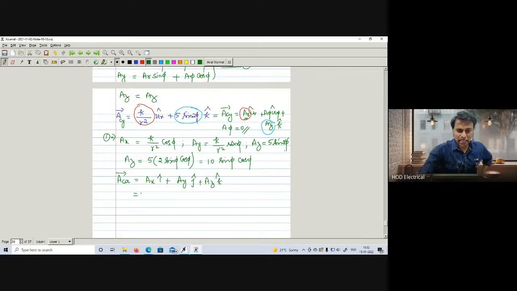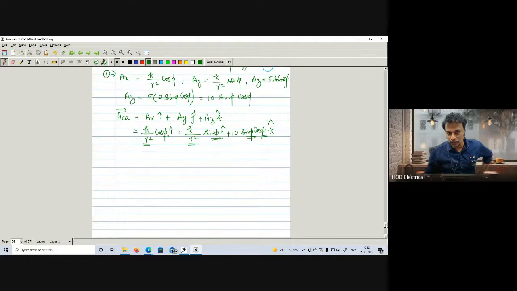That is equal to K by R square into cos phi into I hat, plus K by R square into sin phi into J hat, plus 10 into sin phi cos phi into K hat. Still you have R and phi. Since we need Cartesian, all variables should be Cartesian, but we have the cylindrical coordinate variables R and phi. We have to change them now.